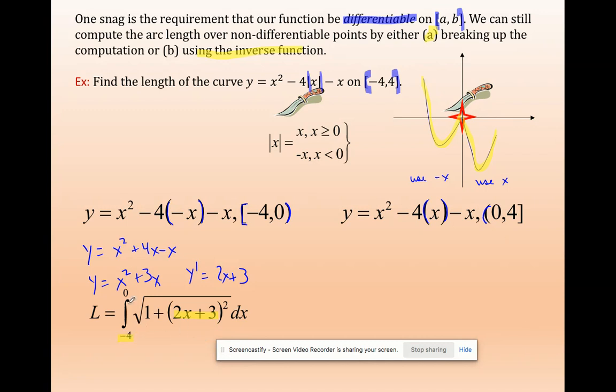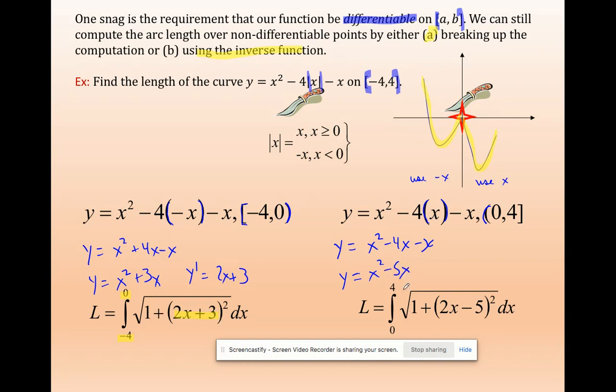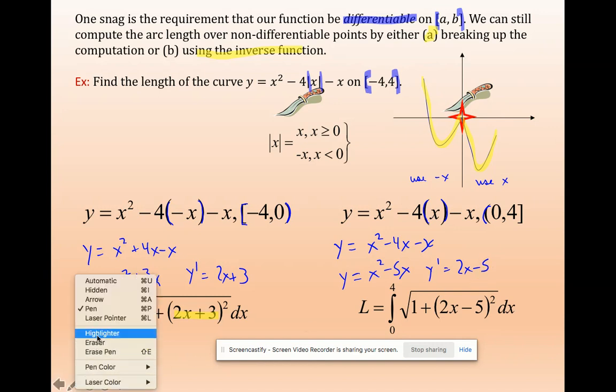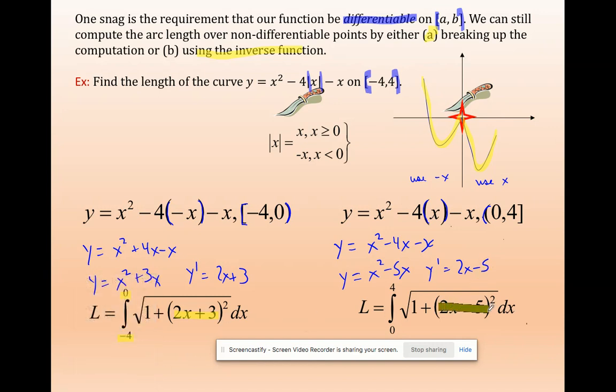Notice though that that's from -4 to 0. Then I clean this function up. And I put the derivative in. Don't forget to square the derivative.